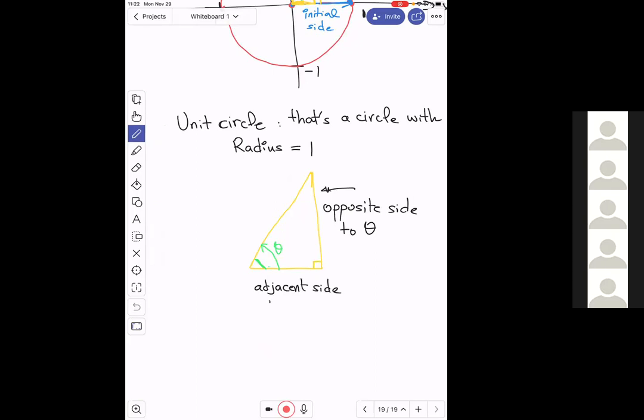And then, of course, this is the hypotenuse. In the right triangle, the side which is opposite to the right angle is your hypotenuse.